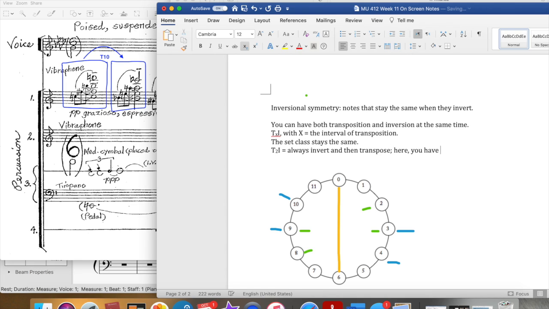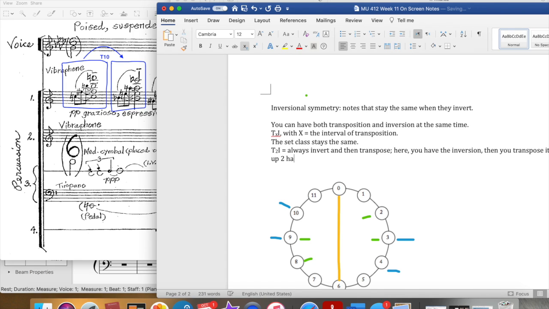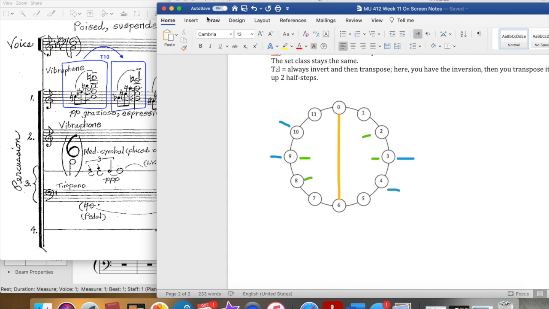Here you have the inversion, then you transpose it up 2 half steps. So let's do that with 3, 4, 9, 10 where we started.